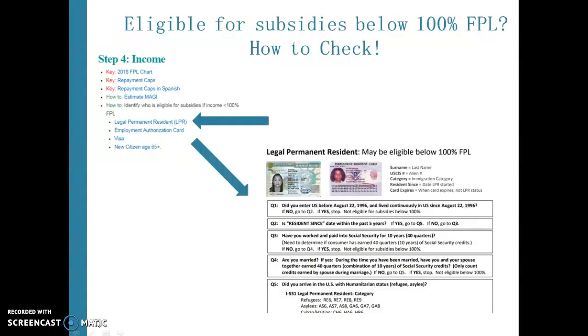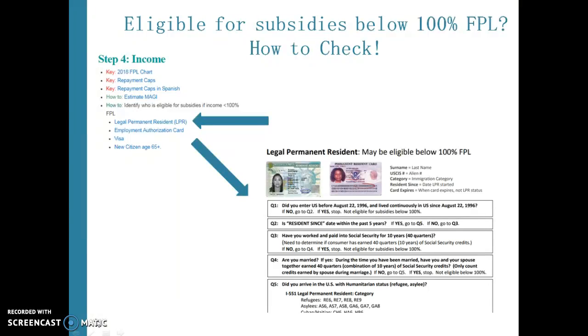The answer is no. So has residence since date within the past 5 years? The answer is no. So because of that, we skip questions connected to her Social Security and that of her husband. And as long as she doesn't have asylee, refugee, or any other humanitarian status, she will be eligible below 100%. So Bill, her husband, will not, but she will be.